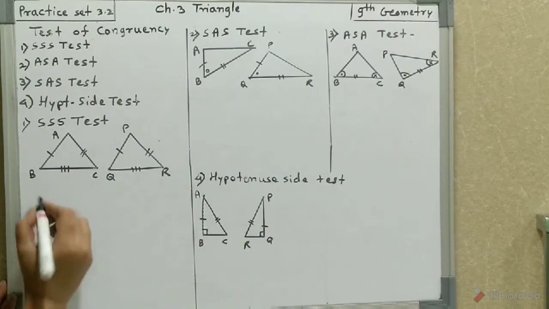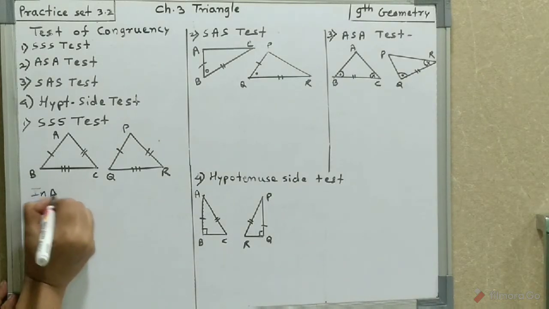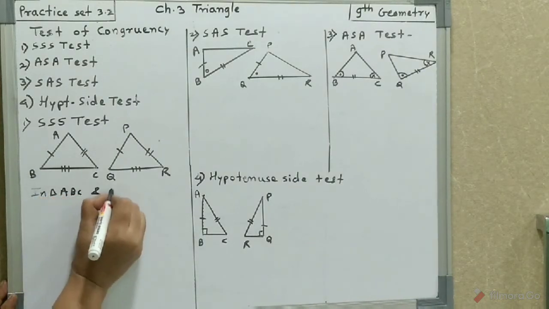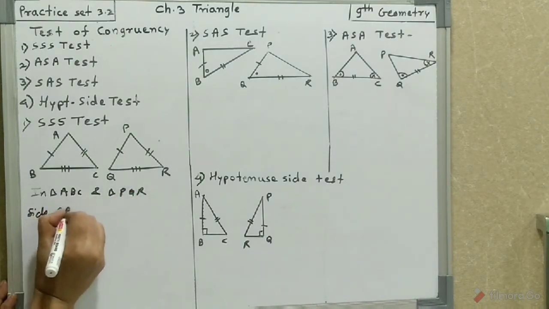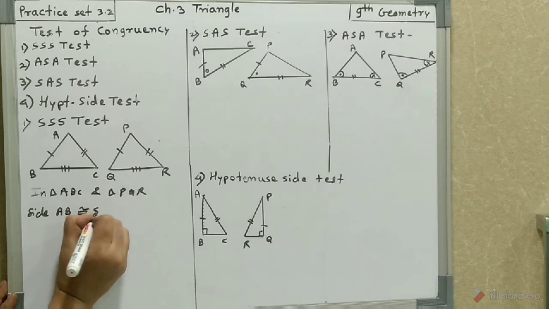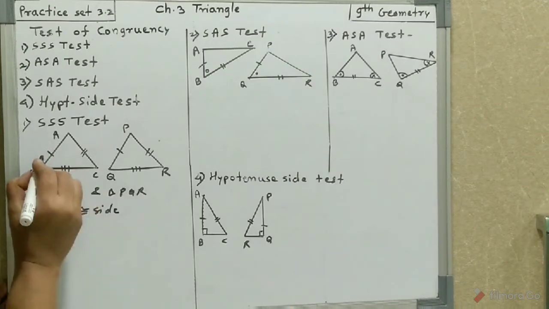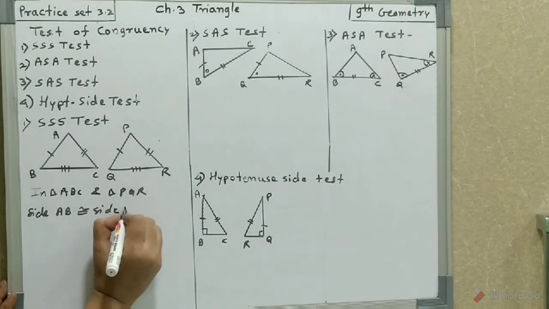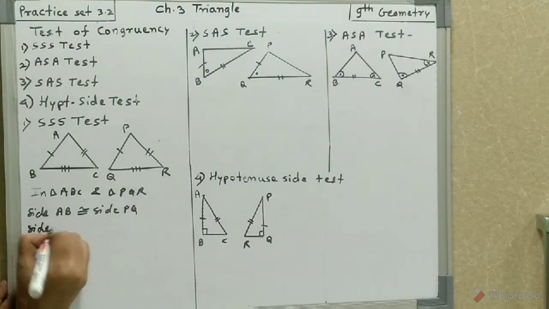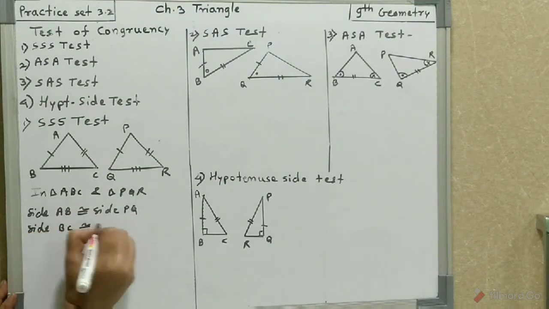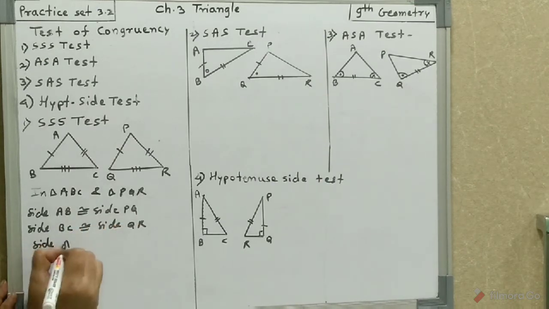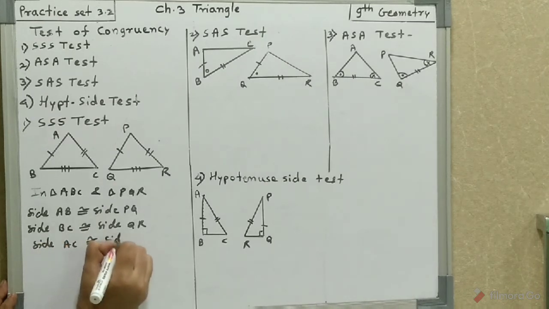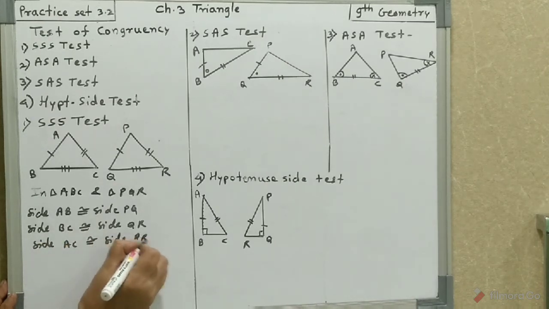So in triangle ABC and triangle PQR, side AB is congruent to side PQ, then side BC is congruent to side QR, and side AC is congruent to side PR. So this is the property.